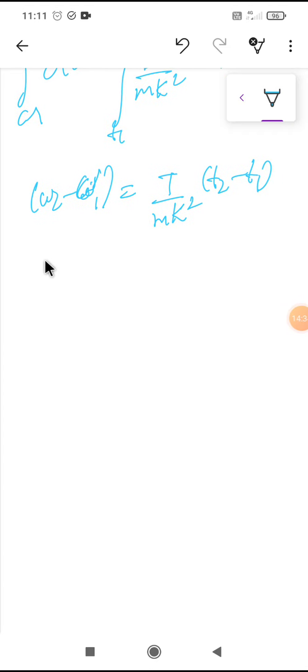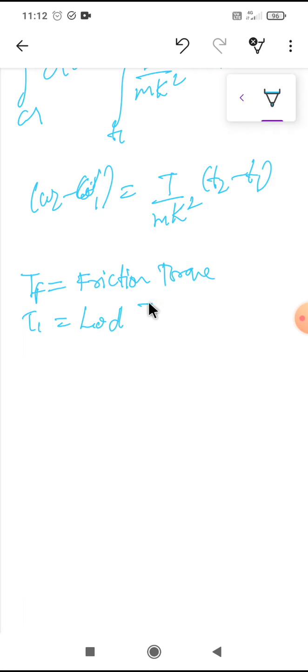When there is no load, the torque which is acting is the friction torque. So the friction torque at no load condition I will denote by Tf. And when there is a 50% load, we'll denote the load torque by TL.